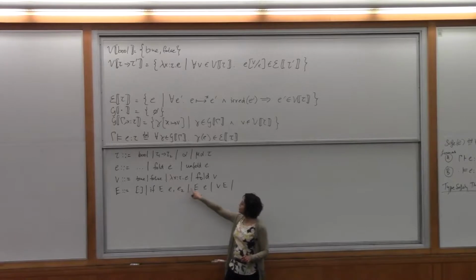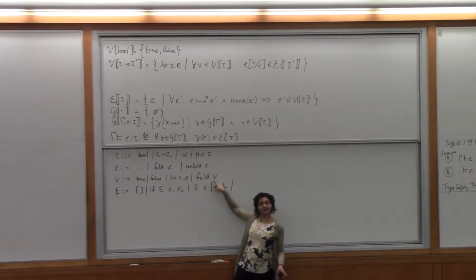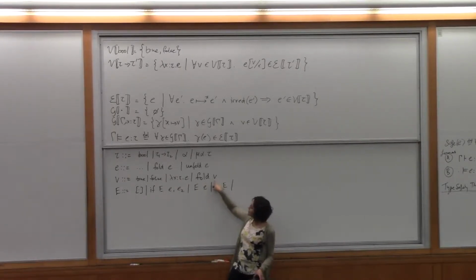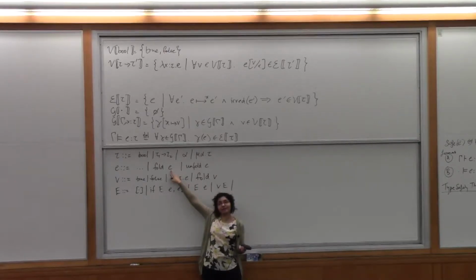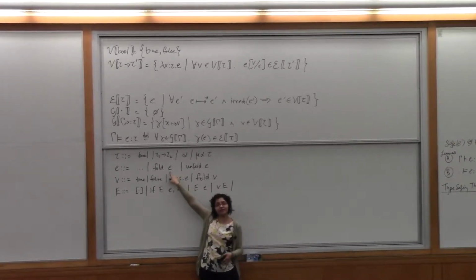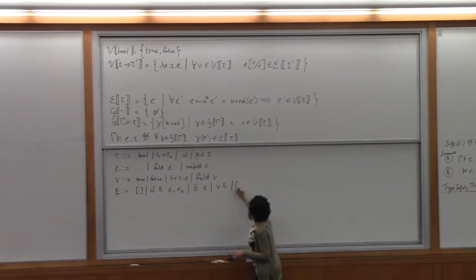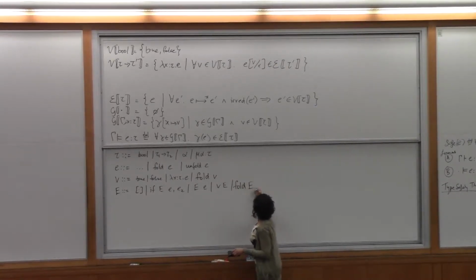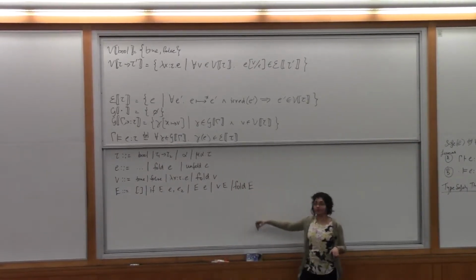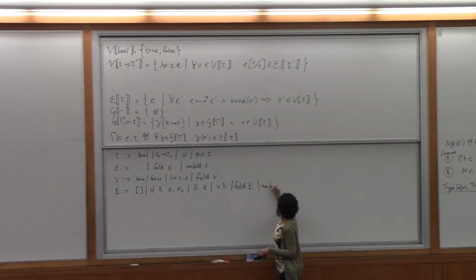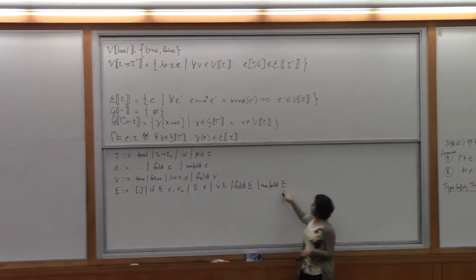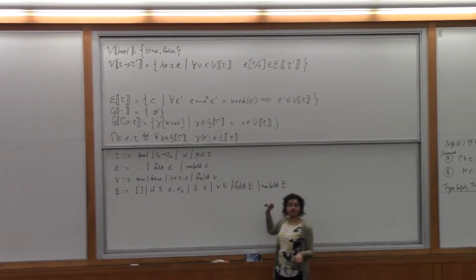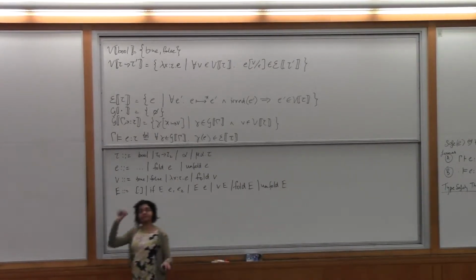That's right, because I already said the value form we want is fold V. So how are we going to get to this value form if we have in our hands a fold E, right? So we need to take this E and evaluate it down to a value. So I'm going to add this context, which says evaluate under the fold till you get to a value, and then unfold E, which says if you have an expression here, evaluate that down to a value before you continue, right? Yes?